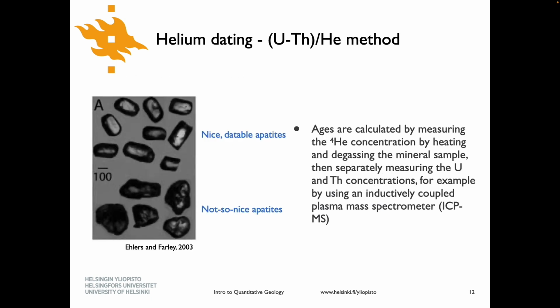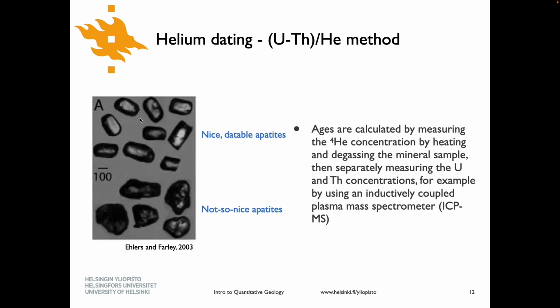Now, as far as the practicalities go with the dating method, it is a little bit labor intensive. Typically you're dating individual crystals or groups of crystals together, and you have to select them by hand under a microscope. So you crush samples from a bedrock sample into certain size fractions, and then after doing a bit of separation of the minerals, you look through, for instance, the group of apatites you've isolated for crystals that look like this, that are relatively good looking.